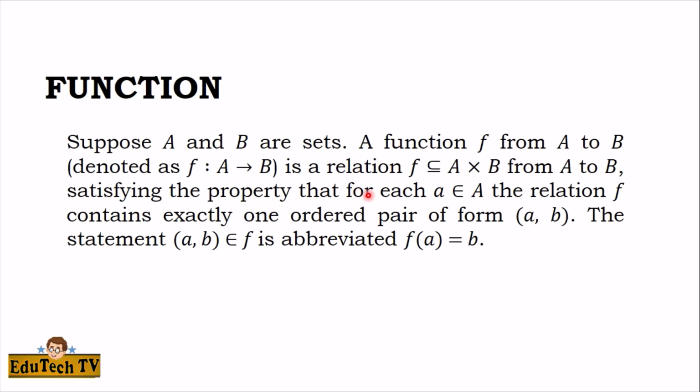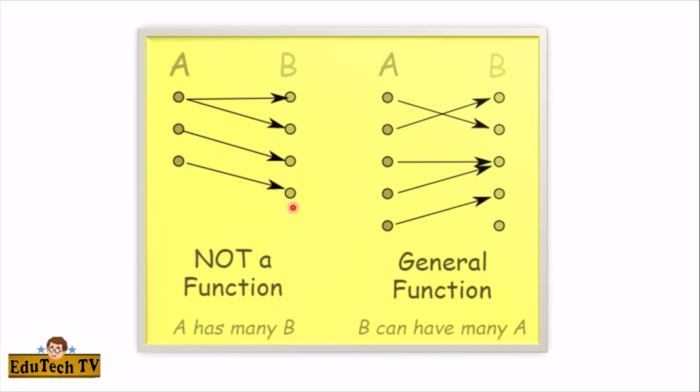Satisfying the property that for each a, an element of A, the relation f contains exactly one ordered pair of the form (a, b), and the statement (a, b), which is an element of the function, is abbreviated f(a) = b.